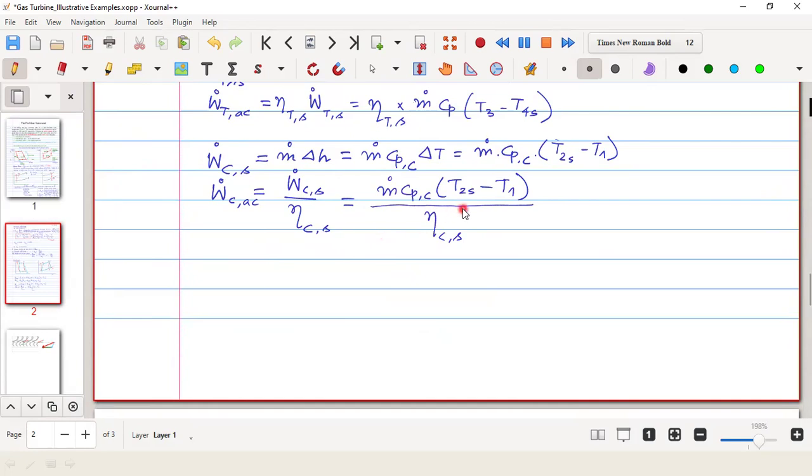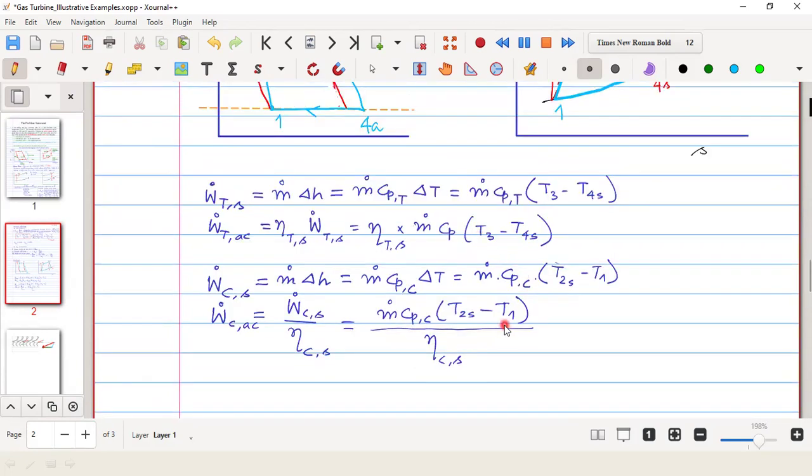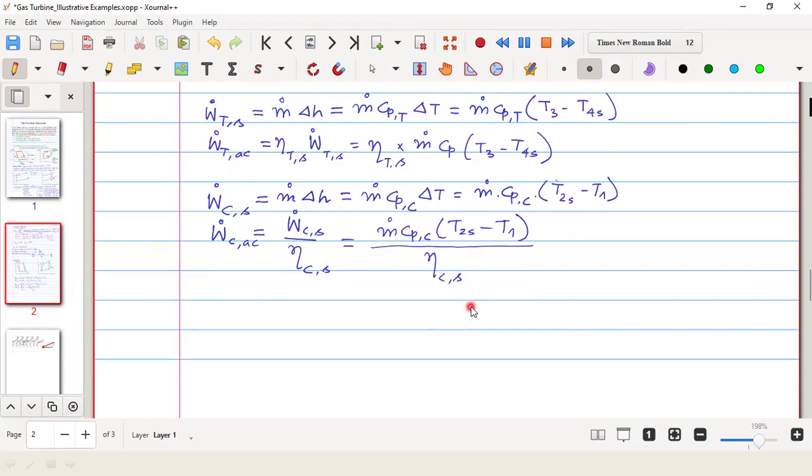Now, here you see that out of these quantities, the mass flow rate we know, the Cp quantities are known, the isentropic efficiencies are known, the temperature T1 is known, the temperature T3 is known. Only T4 and T2 are not known. Therefore, our target next will be to calculate these two temperatures, T2 and T4, from the known quantities that are given.